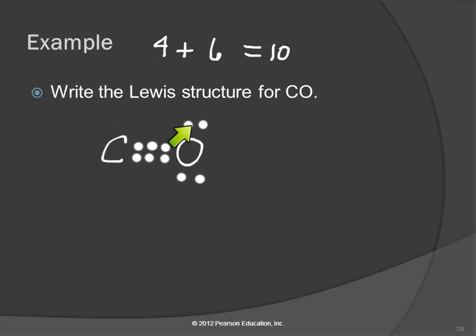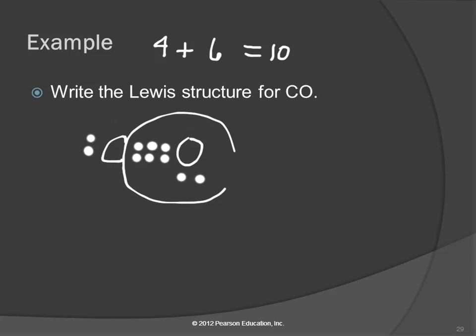What if we take one of these lone pairs from the oxygen and put it on the carbon? Would that help? It would. Now how are things? That carbon, 2, 4, 6, 8. Bingo.